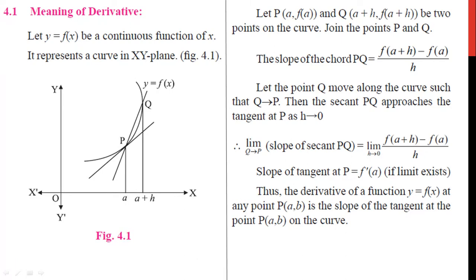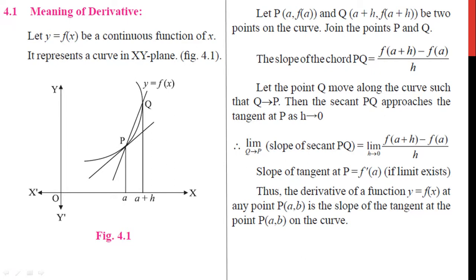Then what will happen here? It is written as limit Q tends to P of the slope of secant PQ, or you can say slope of chord PQ, is equal to limit h tends to 0 of f of a plus h minus f of a upon h. See this step carefully.